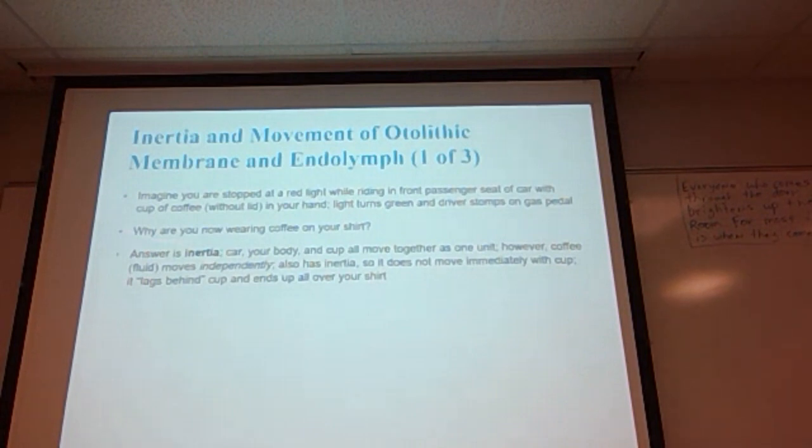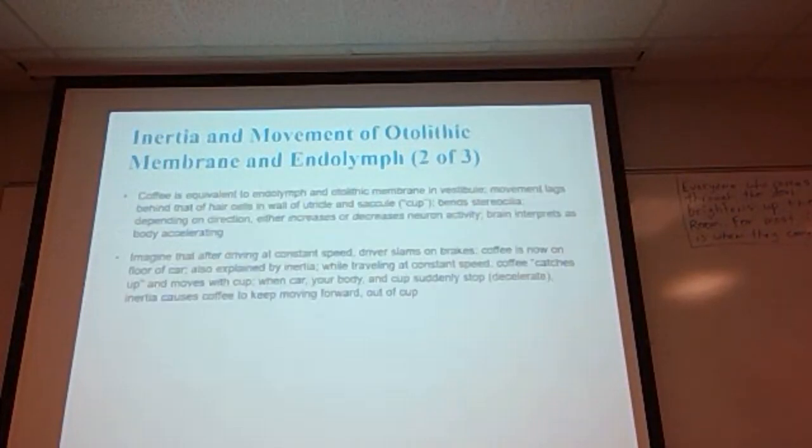The answer is inertia. The car, your body, and the cup all move together as one unit. However, the coffee, which is a fluid, is going to move independently. The coffee is also going to have inertia, but it's not going to move immediately with the cup. It's going to lag behind the cup and end up all over your shirt.